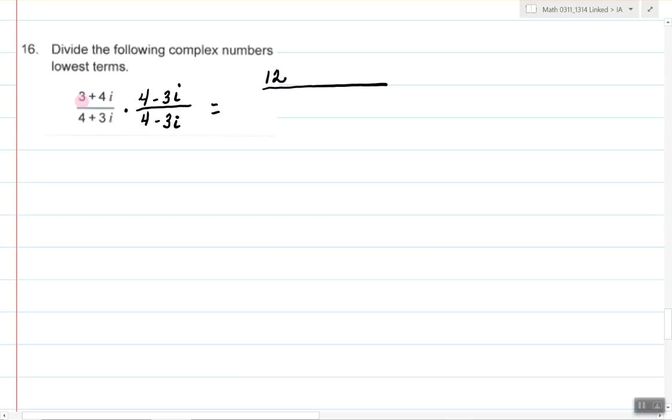Outer product, 3 times negative 3i is negative 9i. Inner product, 4i times 4 is 16i. Product of the last, positive 4i times negative 3i is negative 12i squared.